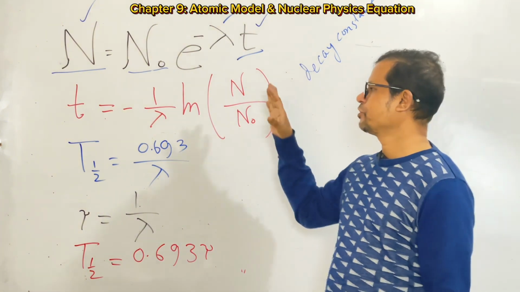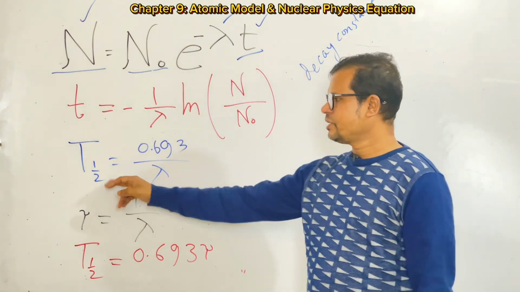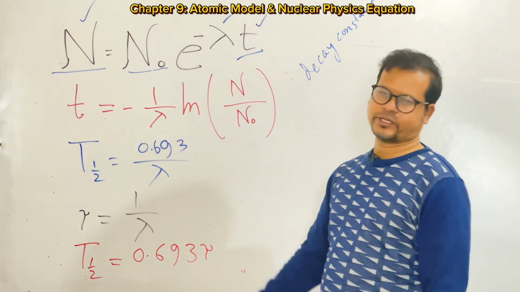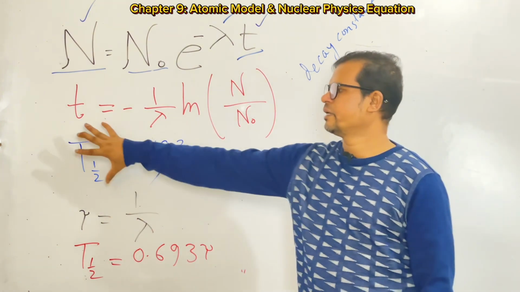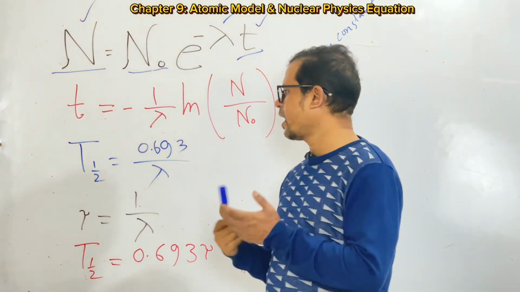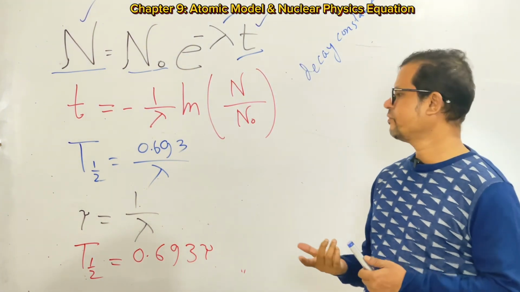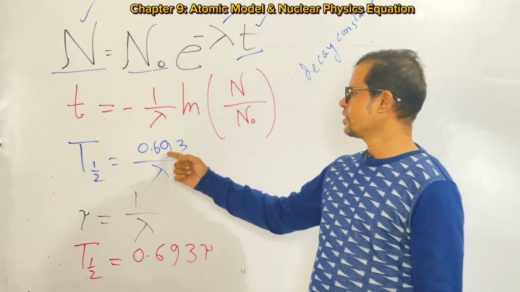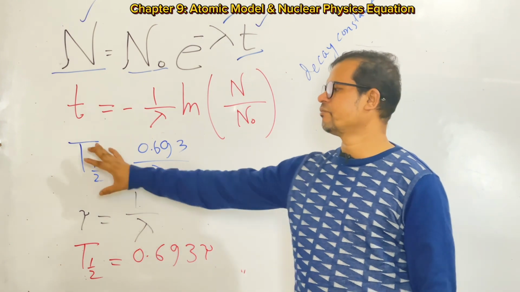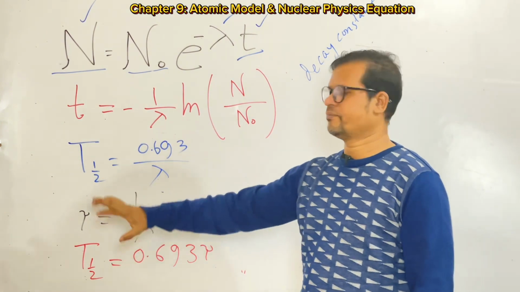And t half equals 0.693 over lambda. T half means the half life. Half life equals 0.693 over lambda. If the question gives you lambda, you can find the half life by this formula.